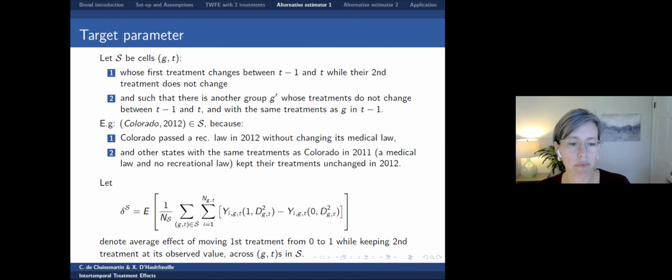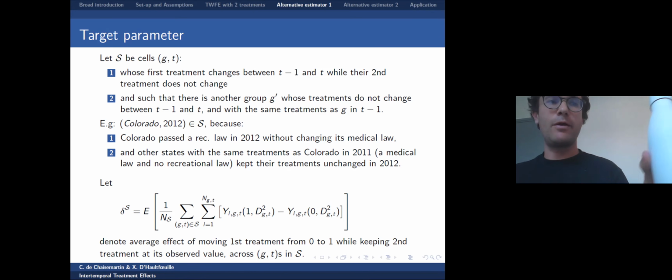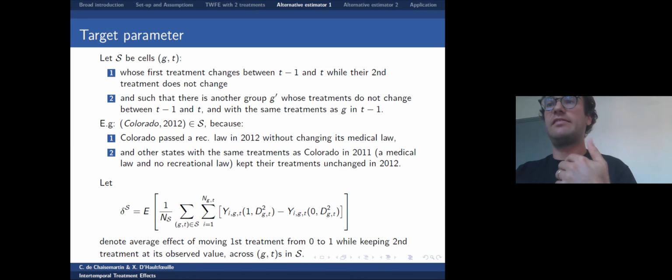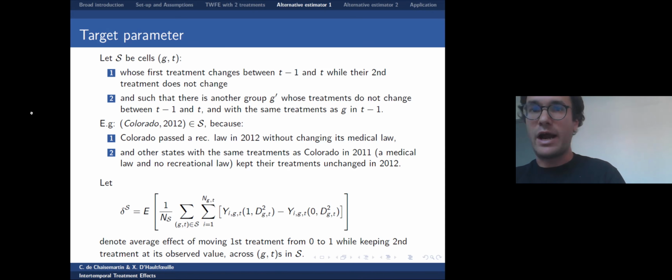Yes. So in practice, what's going to end up happening if you run DID multiple GT, trying to compute the estimator we propose, is that those cells are going to be dropped.